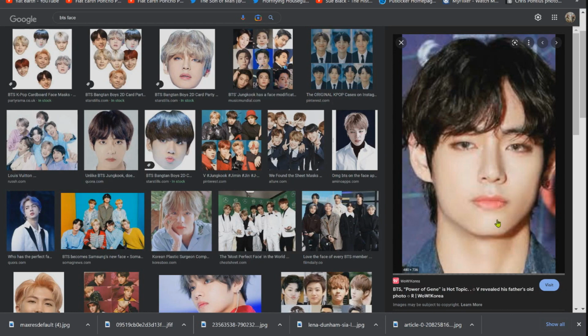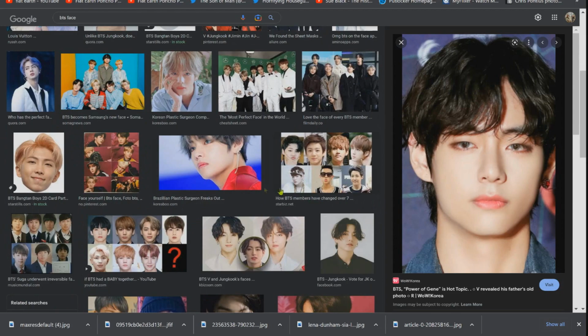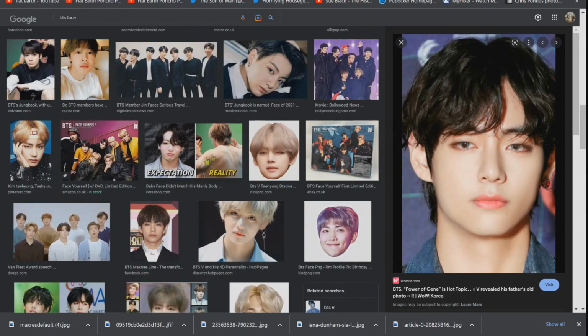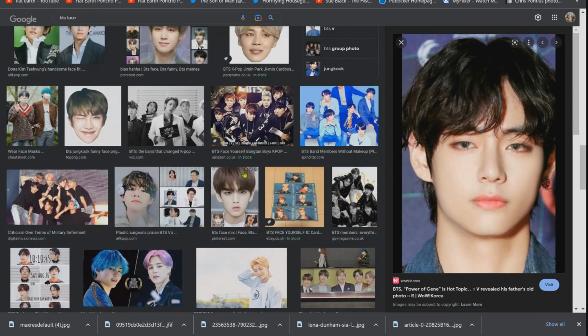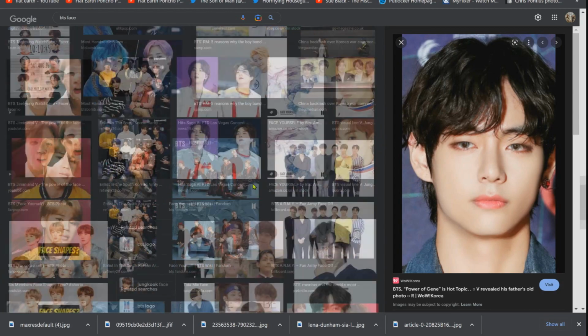Really soft. Tiny mouth. Cupid's bow. This is what we call the Cupid's bow right there. It looks like a bow and arrow, right? Cupid's bow on the top lip. The small mouth. Pink lips. Always got pink lips. It's a feminine trait. Men's are more red. Rouge. And that's why they invented red lipstick.